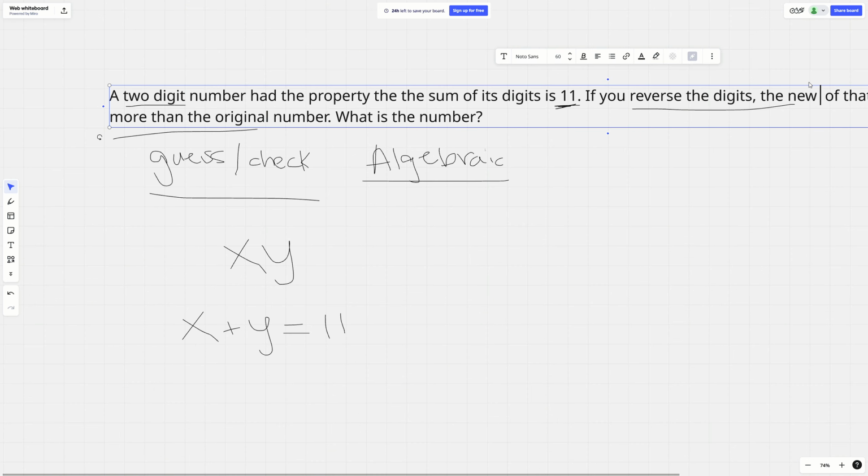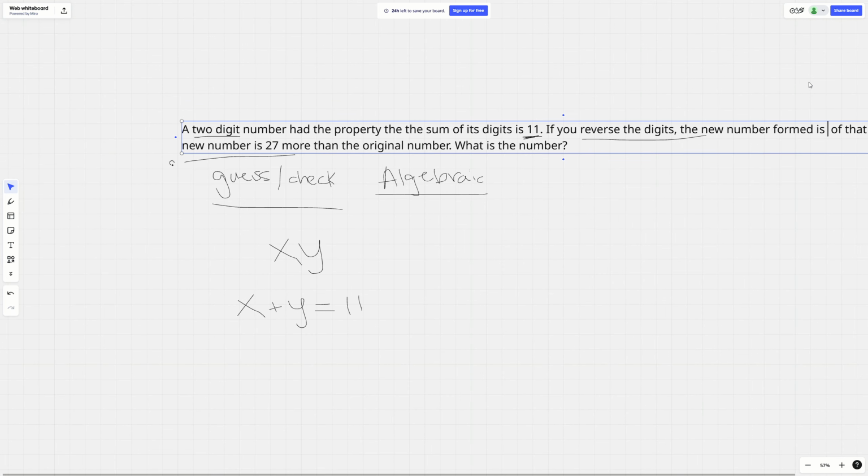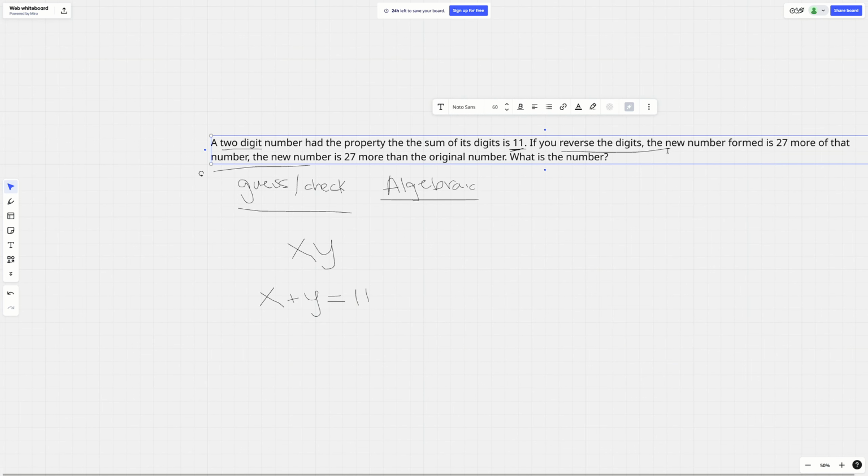The new number formed is 27 more than the original number. Perfect, right?